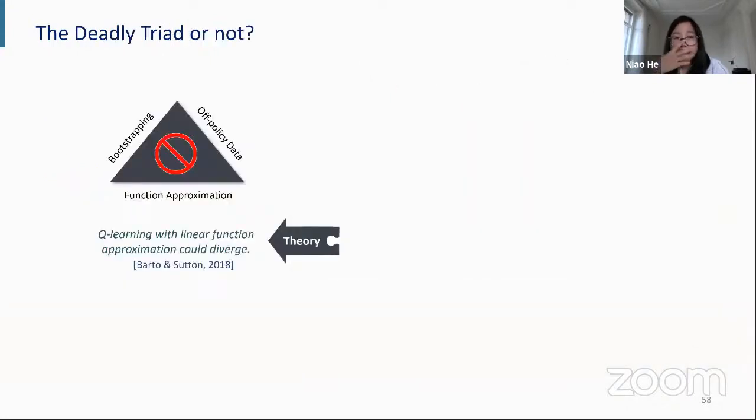And as we mentioned earlier, there is this deadly triad issue with reinforcement learning in general: if you combine function approximation with bootstrapping and off-policy data, it could lead to divergence, as shown by many examples that we discussed earlier.